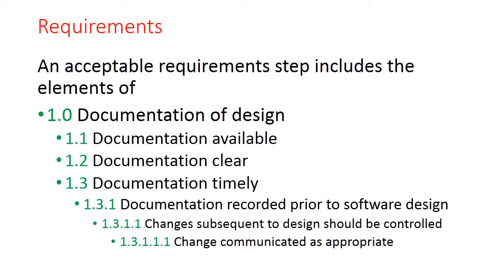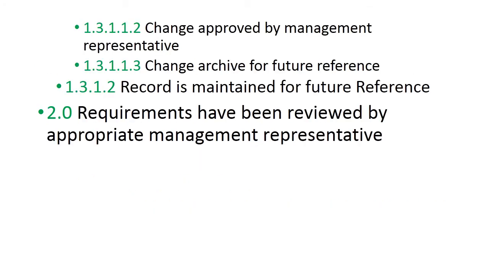Change communicated as appropriate. As I said, authorization should be taken from laboratory management and the quality assurance unit. There must be clear communication between the person who is authorized to change this document, and he must ensure that the particular change is essential in order to improve the overall quality of the LIMS software.